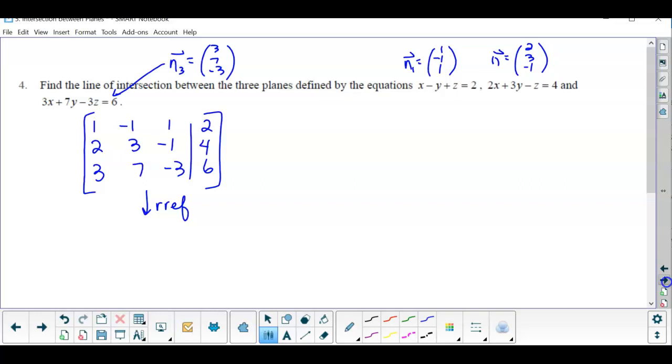So it's not going to be a case of 2 parallel and 1 not. They're actually going to meet in that sort of spine of the book in 1 line, based on the fact that they're not parallel to each other.